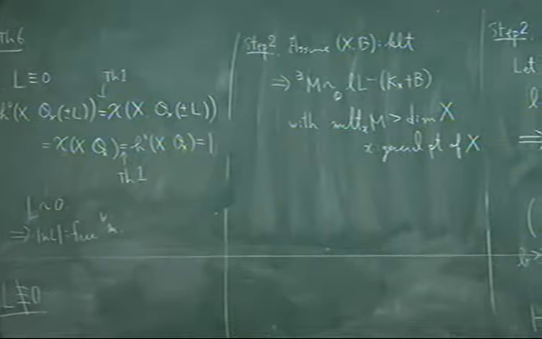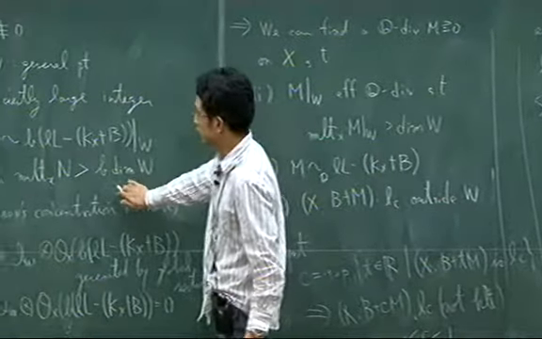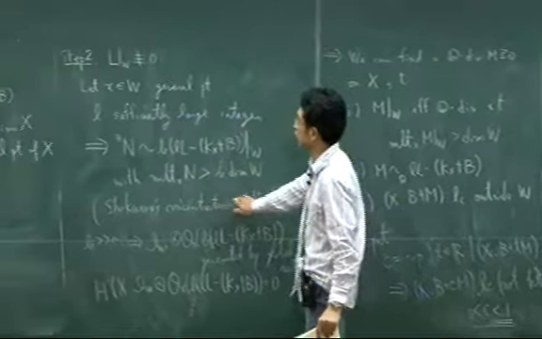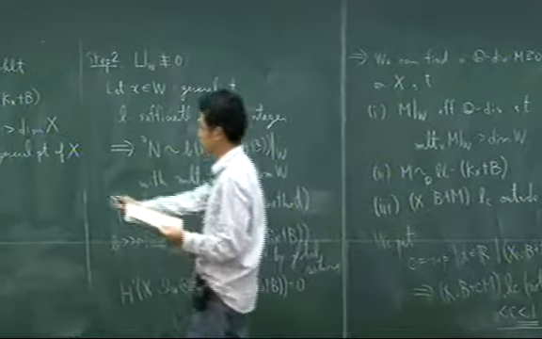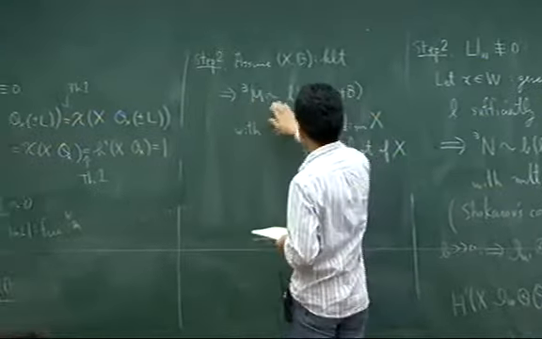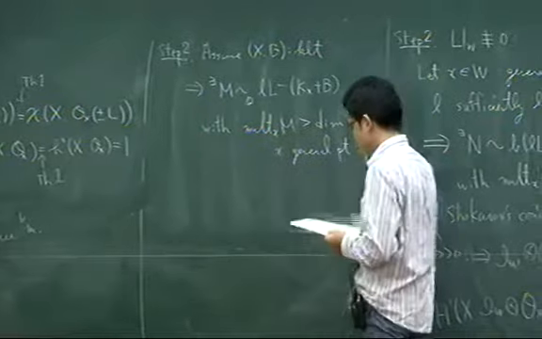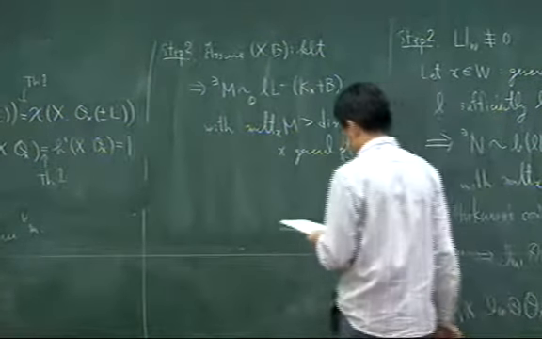It is completely the same argument as in step 2. By Shokurov's concentration of singularities method, we can find a Q-divisor M, Q-linearly equivalent to this divisor, with very high multiplicity at a general point x.